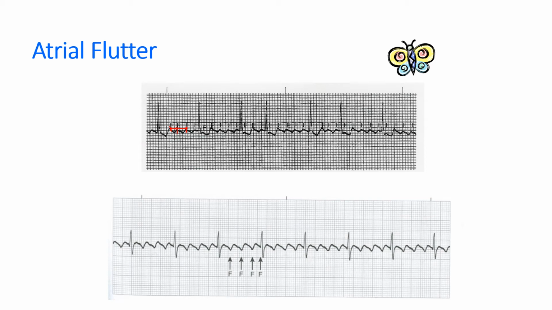So that atrial rate up here is about 250. In the bottom, again, you count from flutter wave to flutter wave and see how many boxes are between these. This looks like about 6 boxes as well, which would be 250. So your atrial rate or your flutter rate is 250.